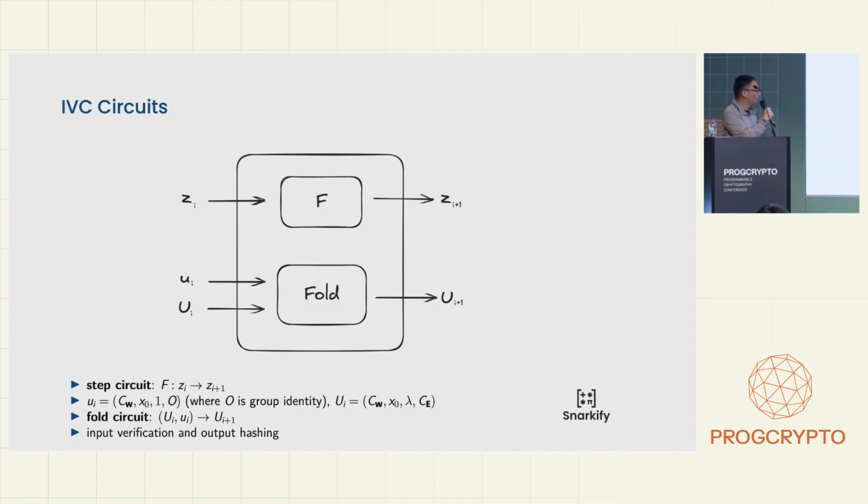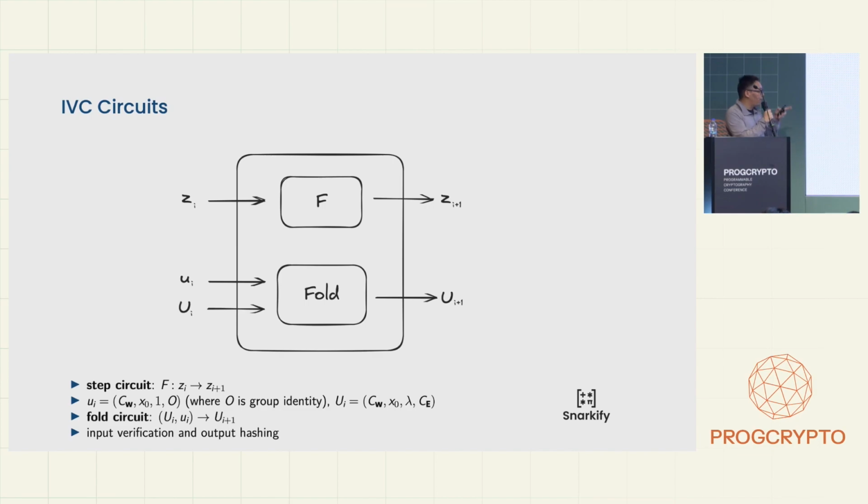And the second component is you have two instances to fold. The little u_i is coming from the previous step, because you apply this circuit again and again. You get the strict instance I defined in the table, if you still remember. And the capital U_i is actually the running accumulator, or the relaxed instance.